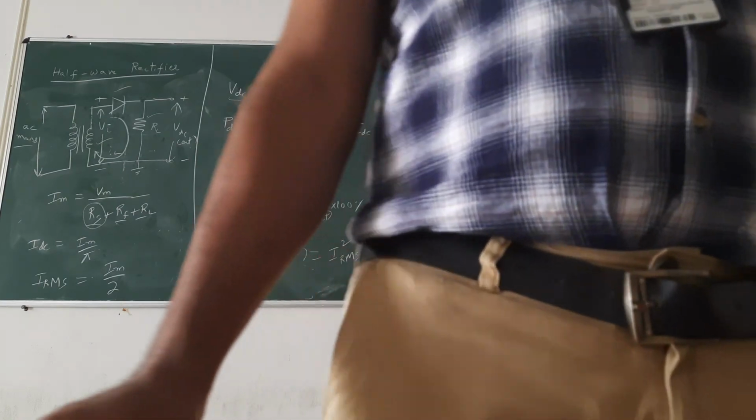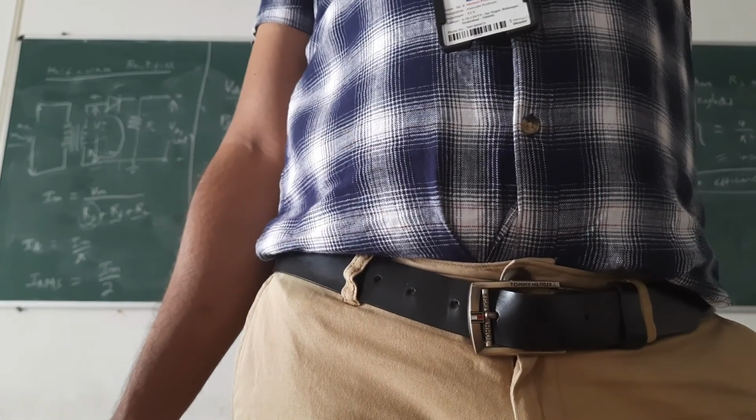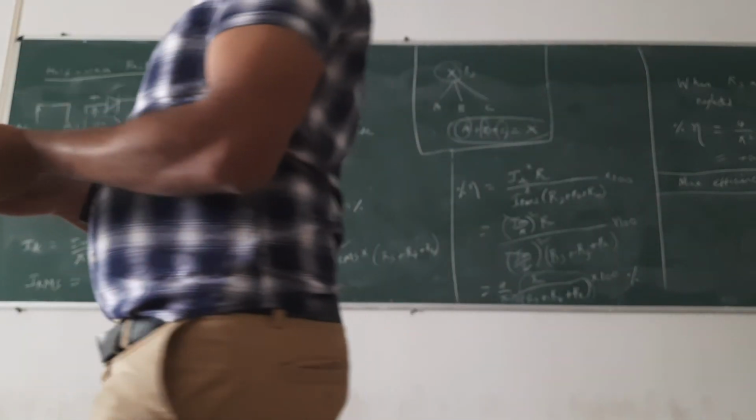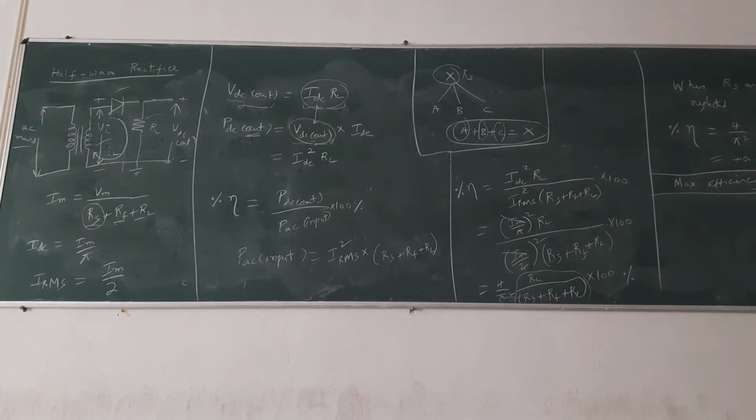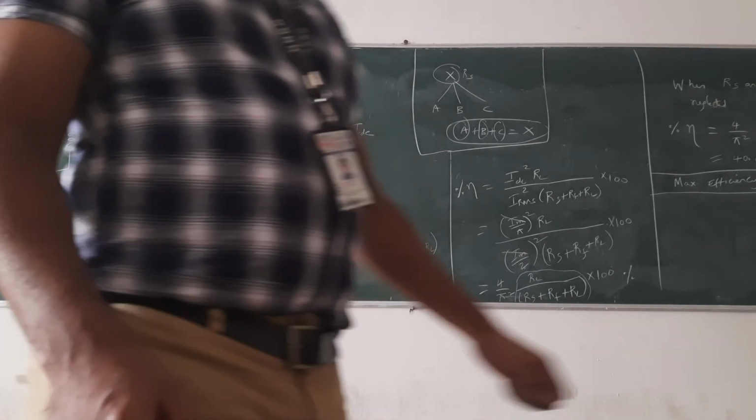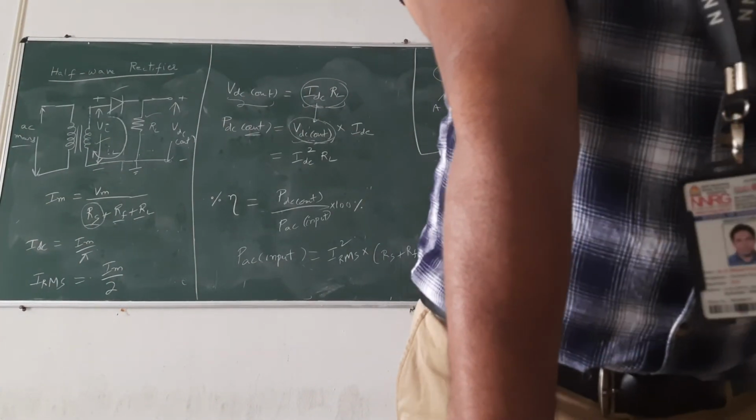What is 3.5 kilo ohm? Very good. So you will put heading given data. First you will write R is equal to 3.5 kilo ohm. What is 800 ohm?